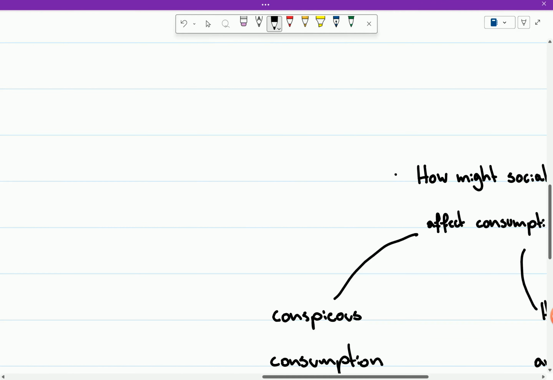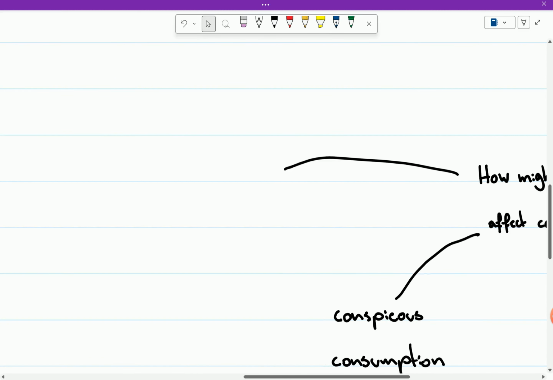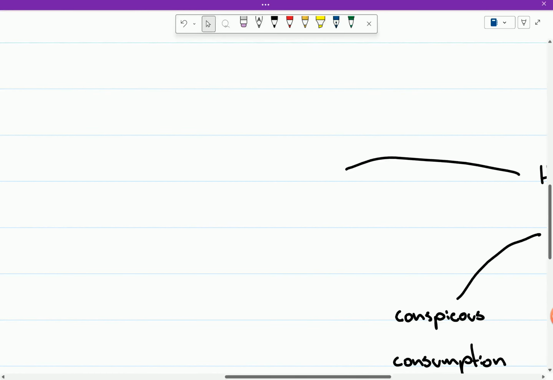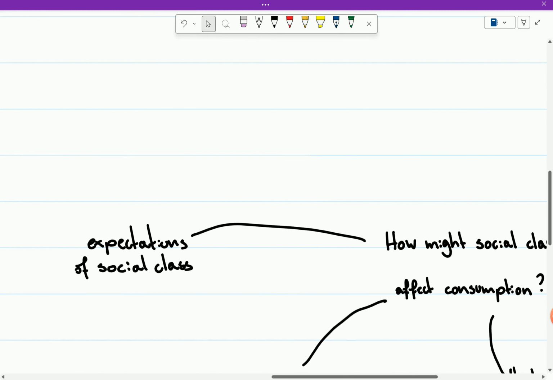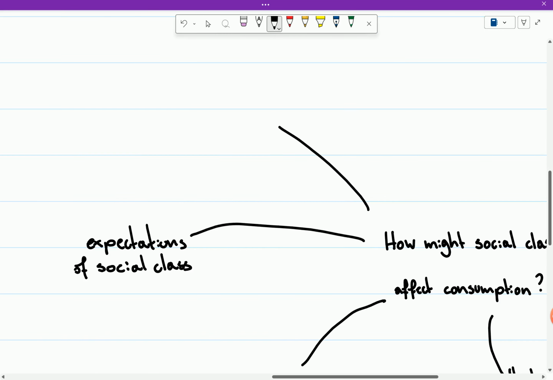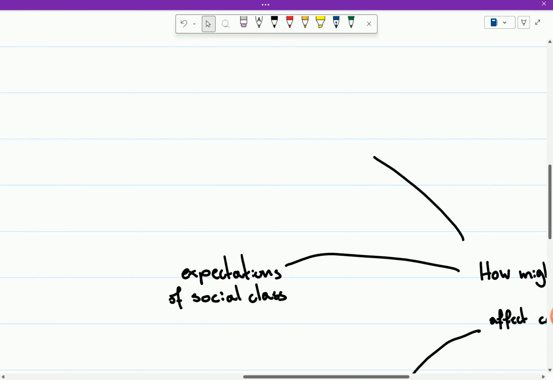What about expectations? Expectations of social class? Taste and identity?